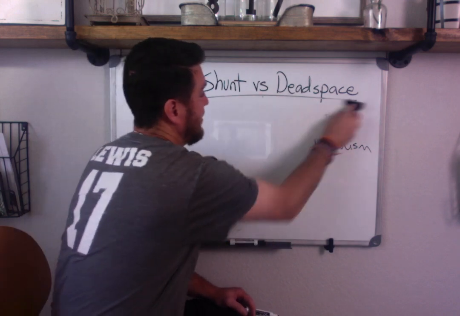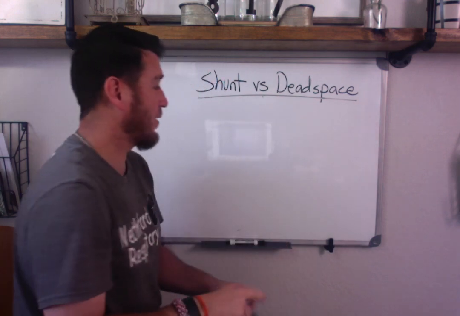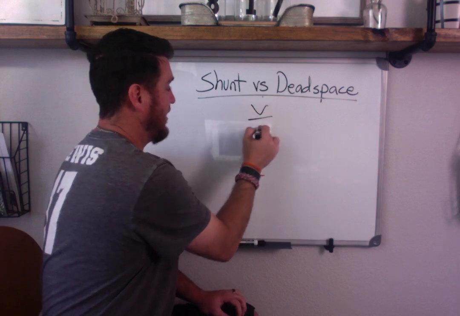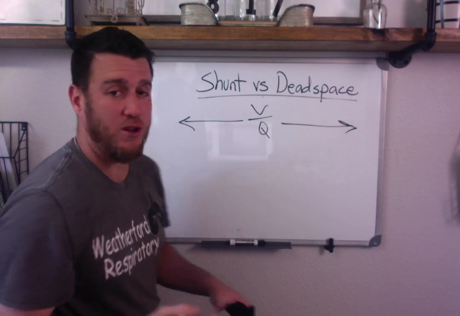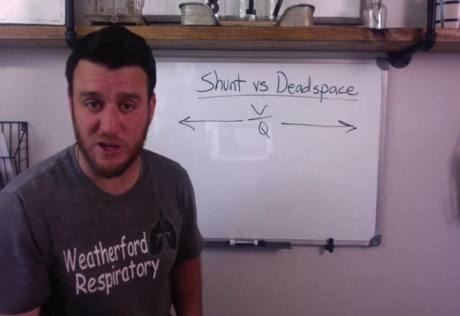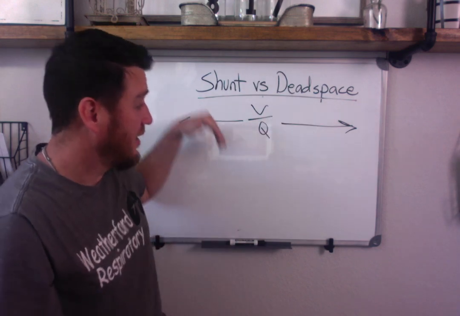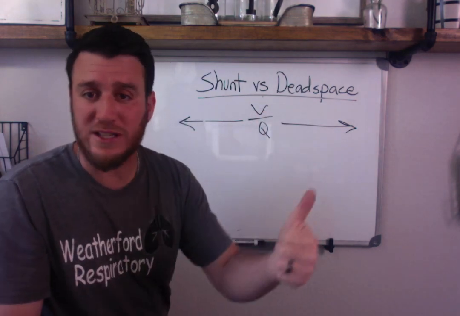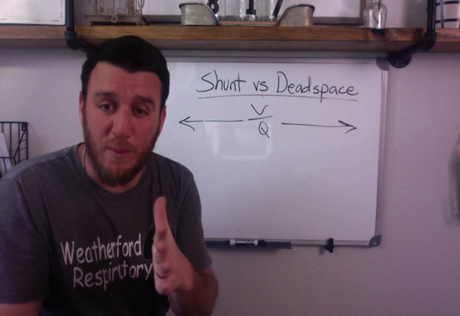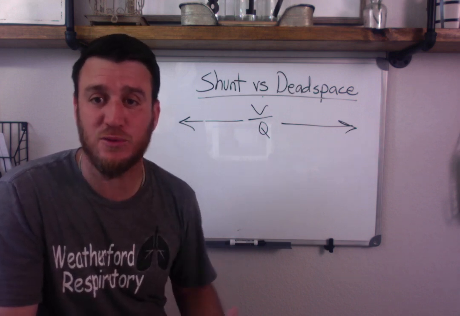Okay, so I'm going to erase all of this. And now we're going to put a line up here that says VQ. And like I've said before, you have to understand that VQ ratio is a line of movement. Increase, decrease. It's not one single number. But we have a starting point. That's what's important.